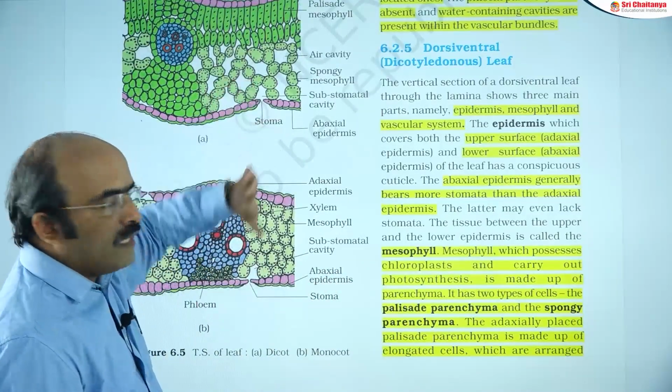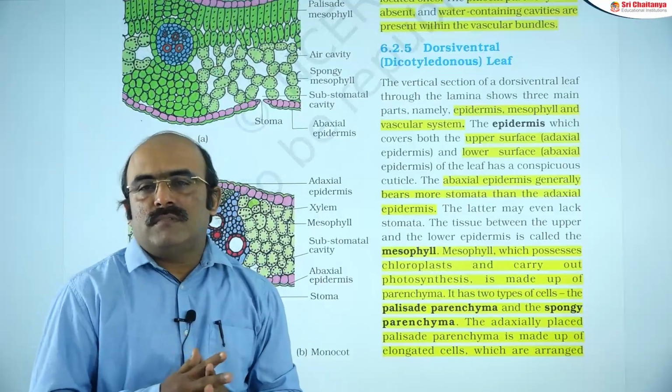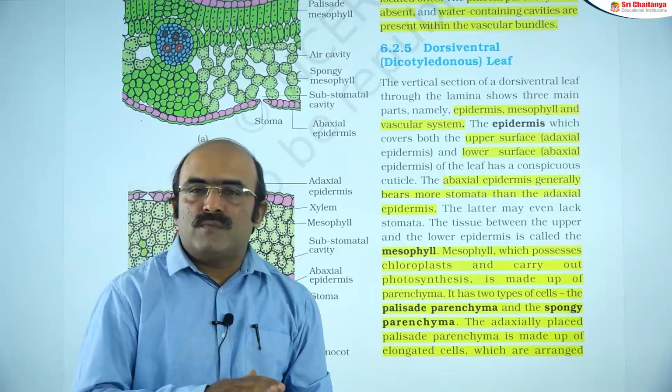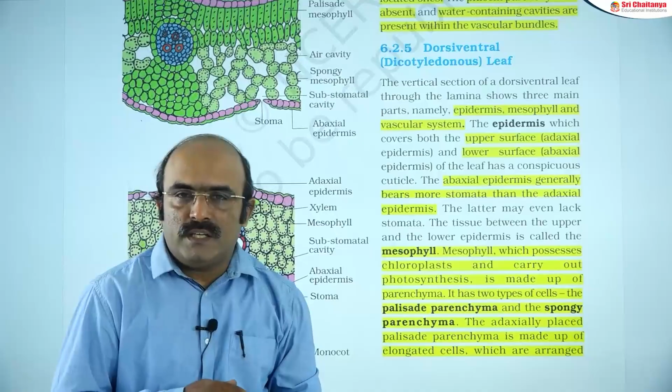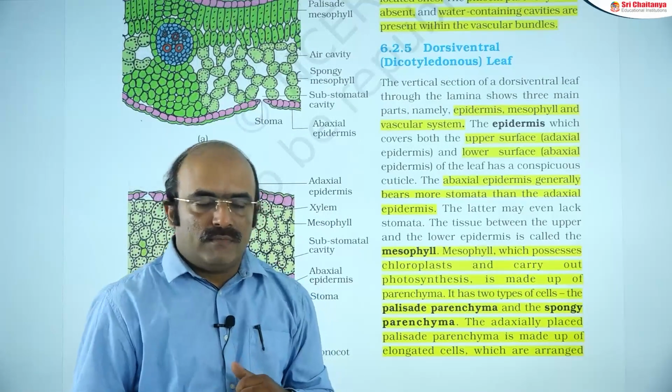So now you could clearly observe a difference in the color with regard to the intensity of the green color, and the dorsal and ventral surfaces of the dicot leaf can be clearly differentiated. So it is called the dorsiventral leaf.